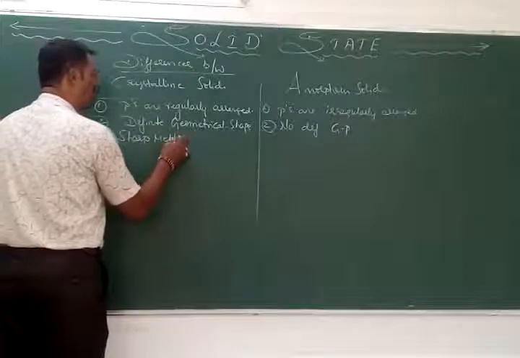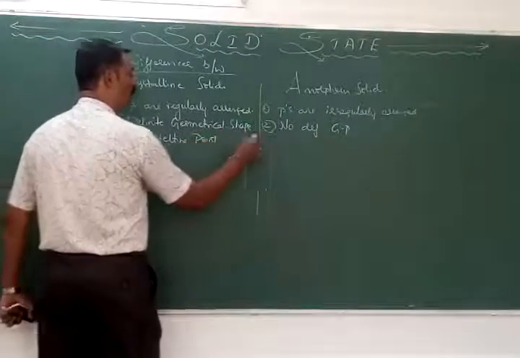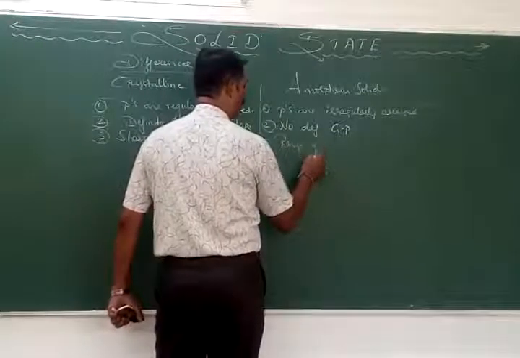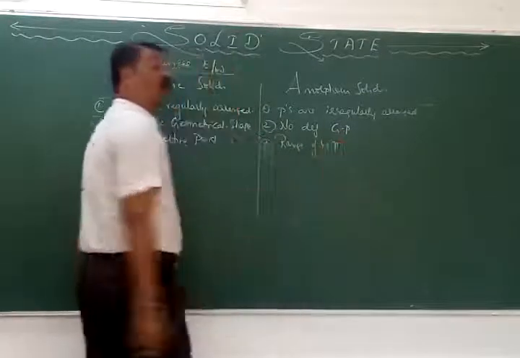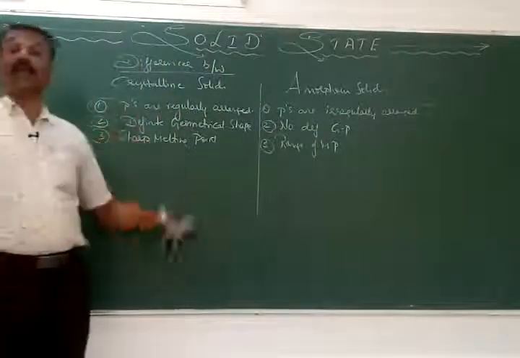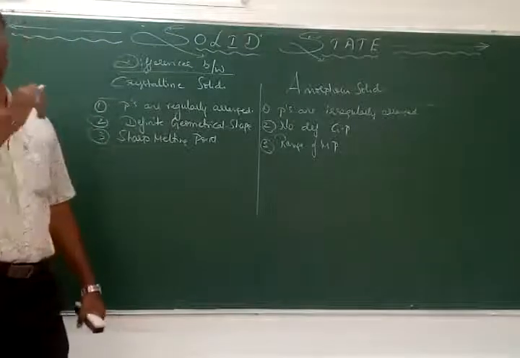Crystalline solids have a sharp melting point. So this one has a range of melting point, or indirectly no sharp melting point. How are the particles arranged? Closely and compactly with regularity.